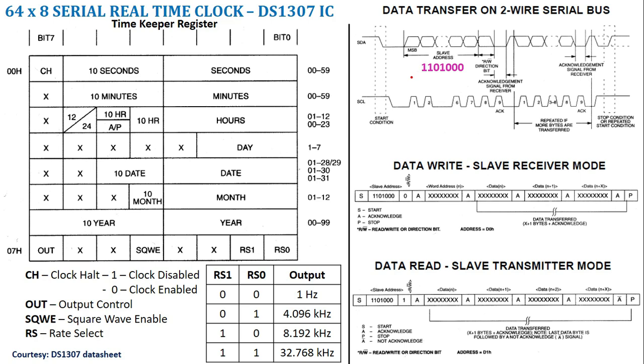Out of the 8 bits, we have a 7-bit address and 1 bit for the read-write option. At the 9th position, I have a clock signal. At that clock, the receiver will make the SDA line low. This indicates the acknowledgement.